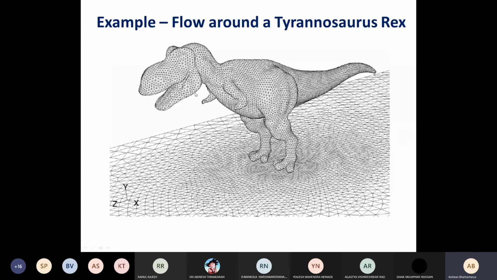Velocity may come smoothly along the z-axis. This is the z-axis, right? So the velocity may come smoothly along the z-axis. So it is the ambient velocity, so 10 meter per second or whatever, 5 meter per second. But very near to the animal, the velocity gets modified. So the z component may become 3 meter per second. Then there may be a y component, an x component. So, and we don't know this.